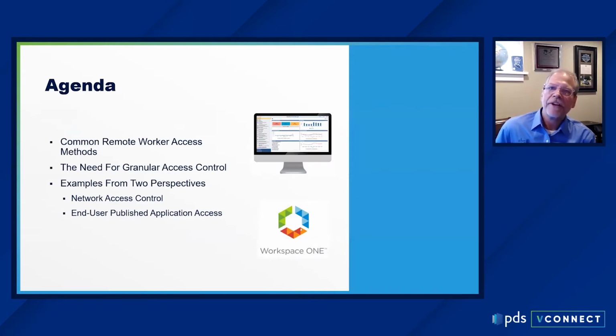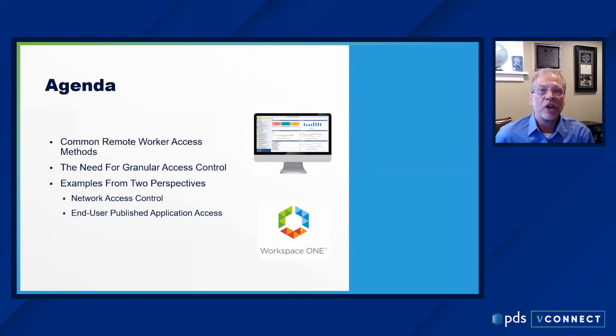So the agenda for today, we're going to first take a look at a couple of common remote worker access methods. These are methods that are commonly employed as a result of a lot of people needing to start working from home. There are some challenges associated with that, and we'll hopefully talk through some of the ways that maybe you can make this a little more streamlined and make it work a little bit better.